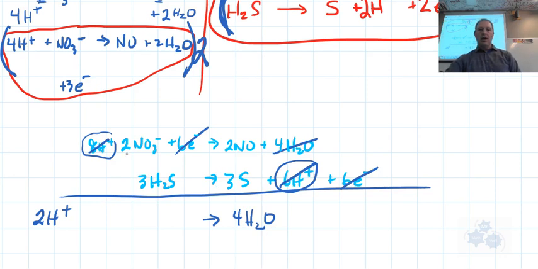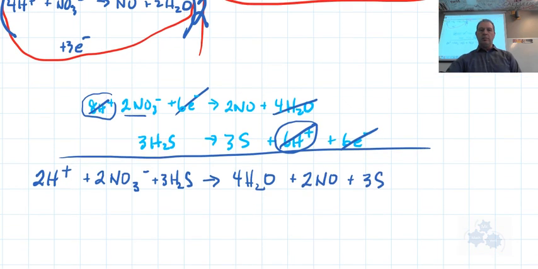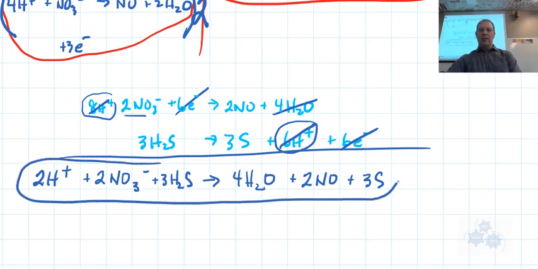So you could just go ahead and rewrite everything that remains. On this side we have, doesn't matter the order. And again, the states of matter are probably a good idea, but I'm not so worried about them here. I'm just worried that you get these species, and the charges are pretty important too.